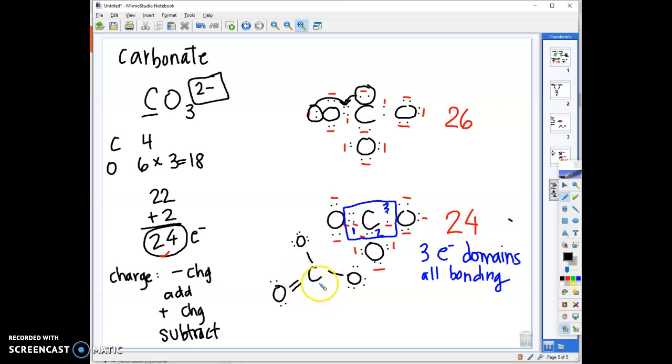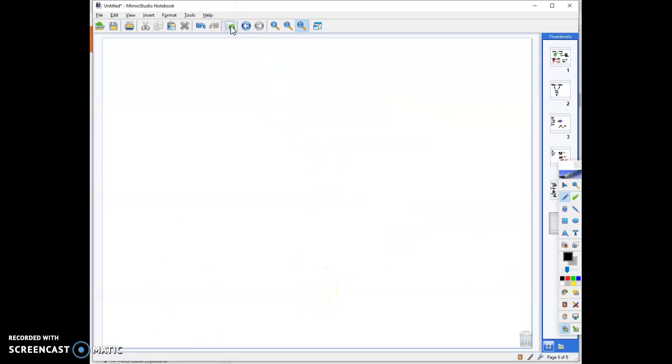Now, let's take a closer look at this structure. Let me get a clean slide here. So, let me get a little bit closer look at my trigonal planar structure here.